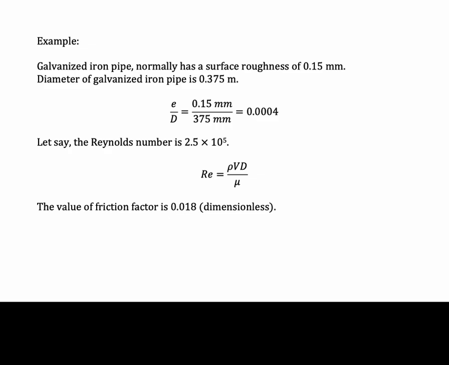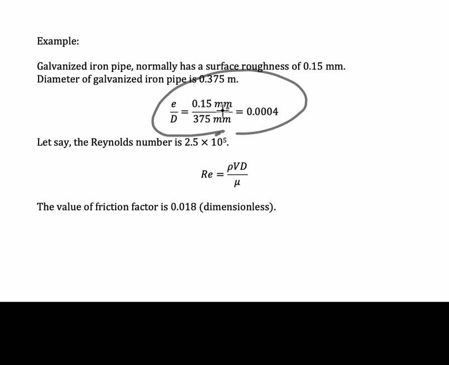Okay, example. The galvanized iron pipe normally has a surface roughness of 0.15 millimeter. Diameter of the galvanized iron pipe is 0.375 meter. First we need to divide these two values to get the relative roughness. So we divide 0.15 millimeters with 375 millimeters.